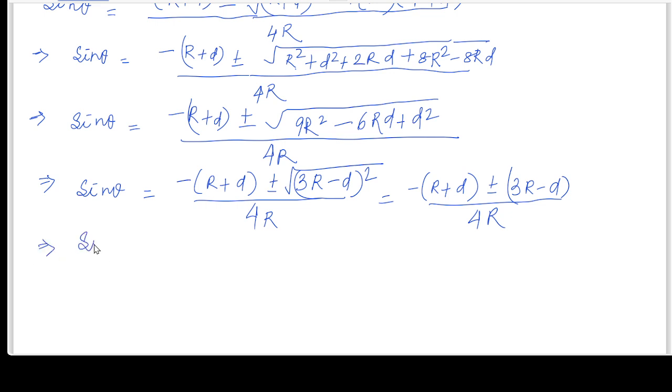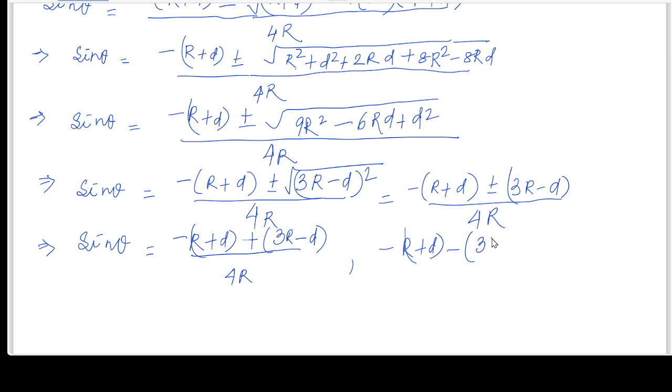Sine theta has two values now. One is minus R plus d plus 3R minus d by 4R, or the other will be minus R plus d minus 3R minus d.